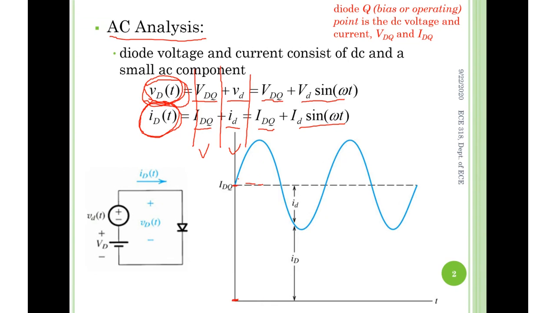You take the average value of the blue curve and you end up with this DC value here. We are talking about the current. This is how we got the DC. The average value is the horizontal dashed line, and that's the DC.